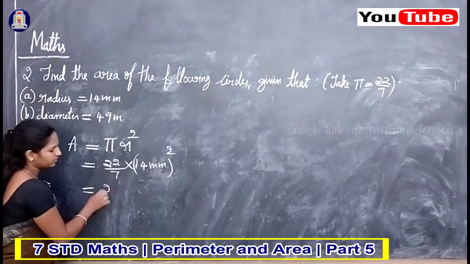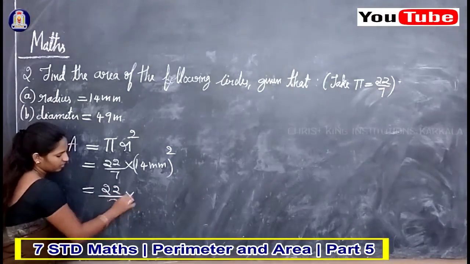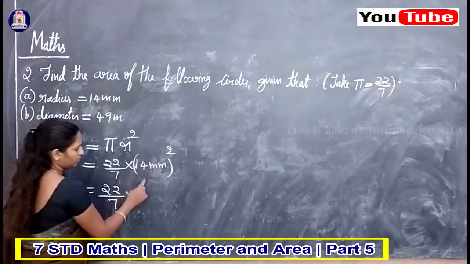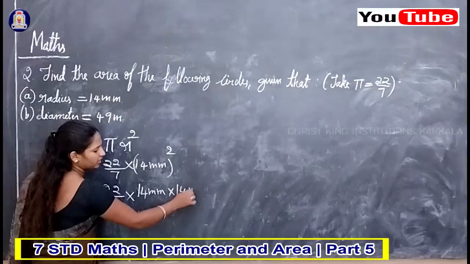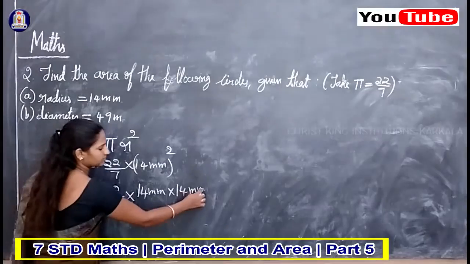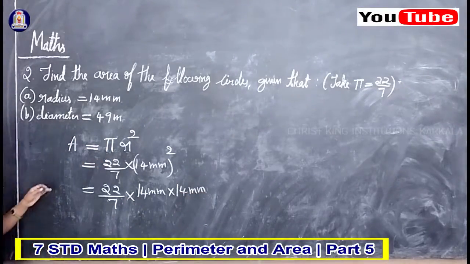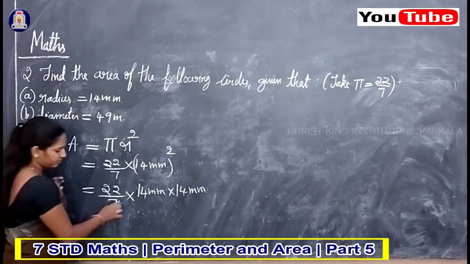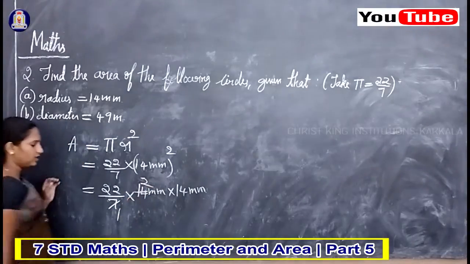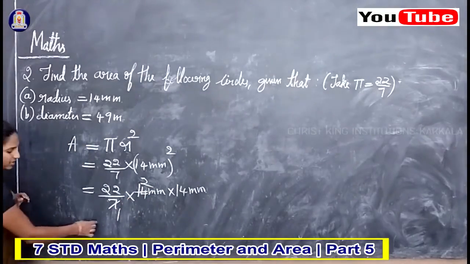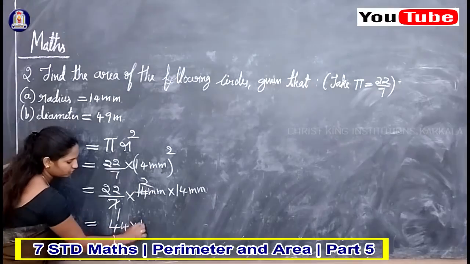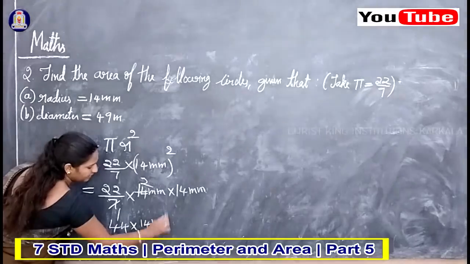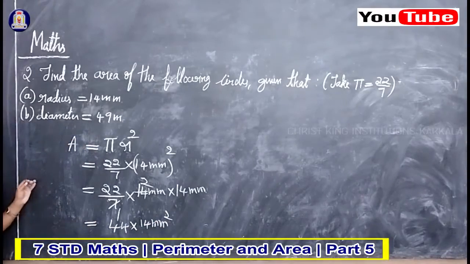So 22 by 7 into 14 mm into 14 mm. The 7 table divides, isn't it? 7 ones are 7, 7 twos are 14. So what is remaining? 22 twos are 44 into 14 millimeter into millimeter, that is millimeter square.